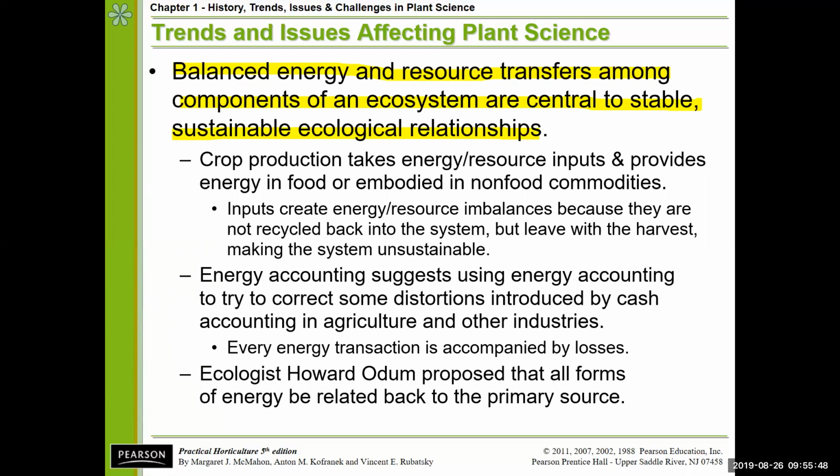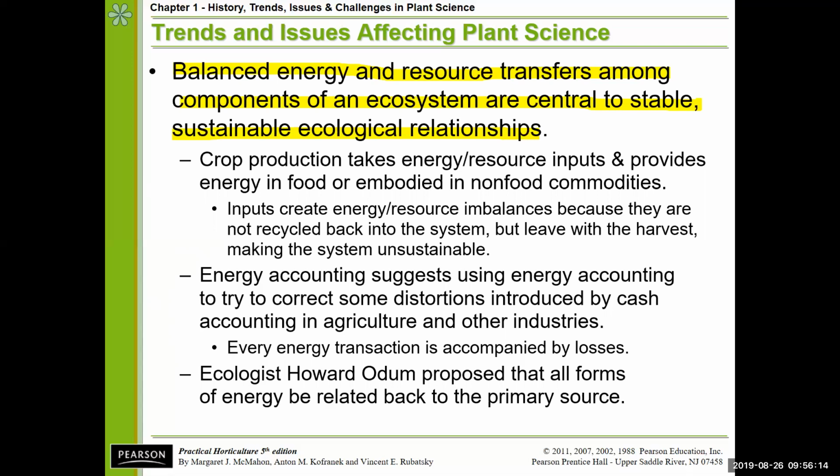Whatever energy you put in, whether that energy is water or nutrients or fuel in terms of plowing and preparing the soil, when we export that crop, we're moving that energy out, especially the water and the nutrients.